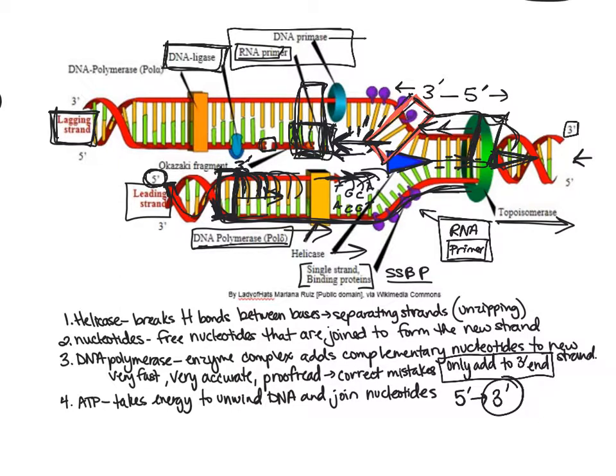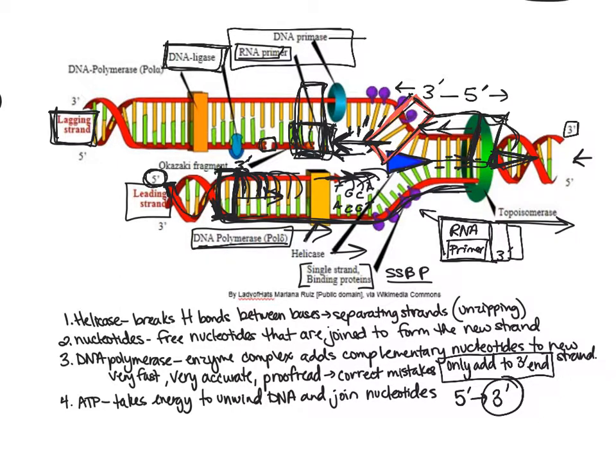Without getting into too much detail of the DNA ligase and how that process works, just understand that we start with an RNA primer that's attached, and then our DNA polymerase can start with that RNA primer because it'll have a 3' end that the DNA polymerase can add nucleotides to.